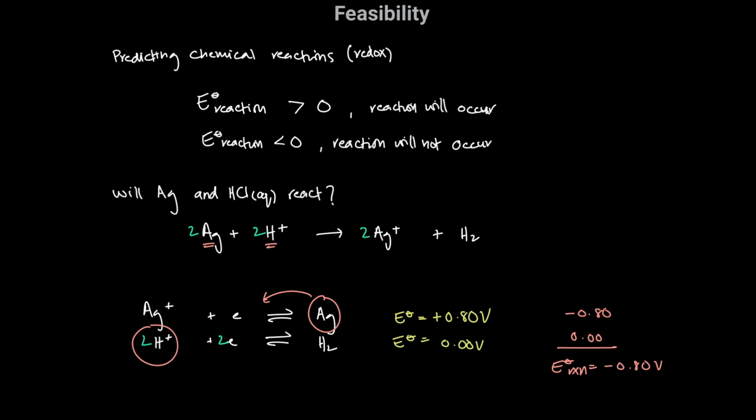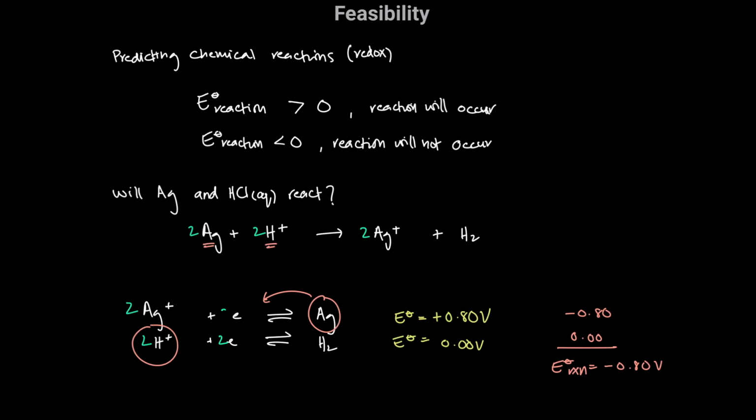Over here, they have already told us what our reactants are: H+ and silver. Unlike a voltaic cell where we determine which half equations are taking place, here they've already told us that we want the backward reaction for silver and the forward reaction for H+. So the backward reaction of silver has a potential of negative 0.8, and the forward reaction for H+ is just 0.00.